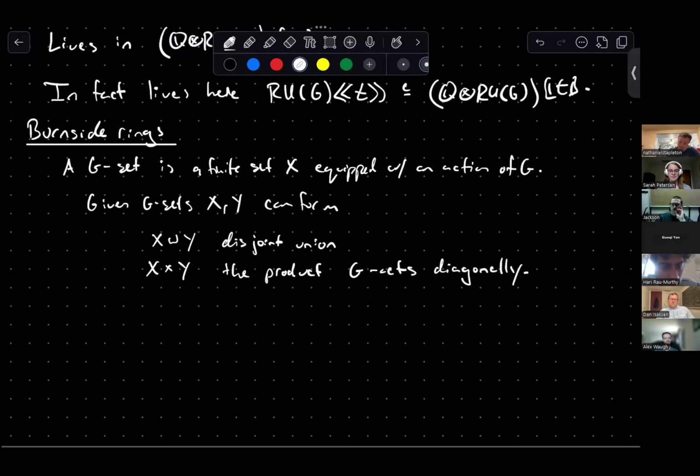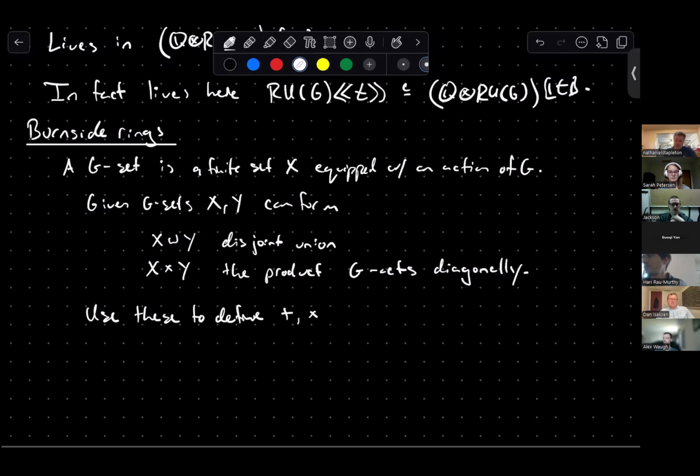And using these, we can define an addition and a multiplication on isomorphism classes of G-sets. In this situation, the additive identity is given by the empty G-set, and the multiplicative identity is given by the single point with the only G action that it has.